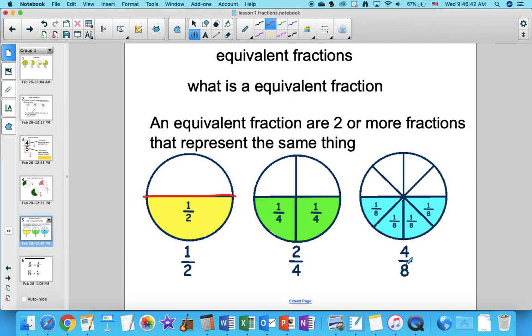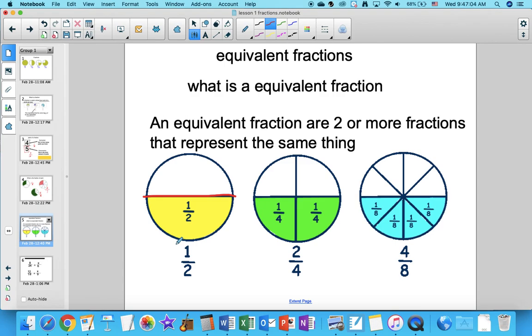Now, this also leads into the notion of simplifying fractions, right? All of these fractions mean the same thing. But the best way to show an answer is to use the smallest numbers possible. So 4 over 8 has the largest numbers, 2 out of 4 has the second largest, and 1 over 2 has the smallest numbers.